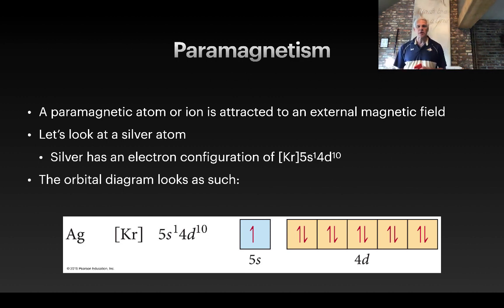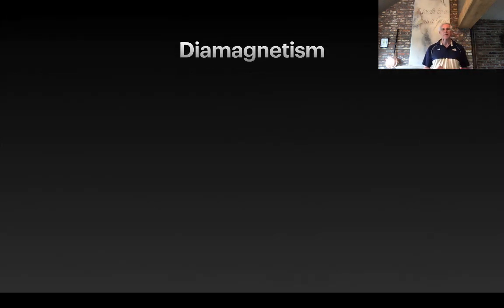Anytime that we have an unpaired electron in our atom, whether in the electron configuration or in the orbital diagram, the atom will be paramagnetic and it will be attracted to an external magnetic field. Let's look at an example of something that is diamagnetic.